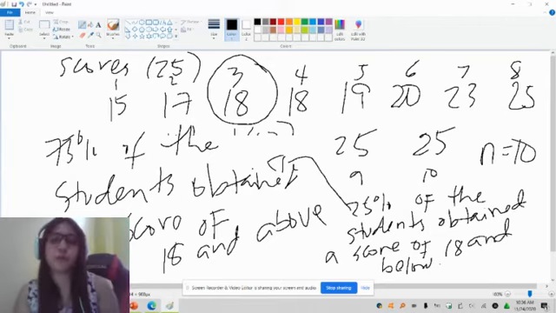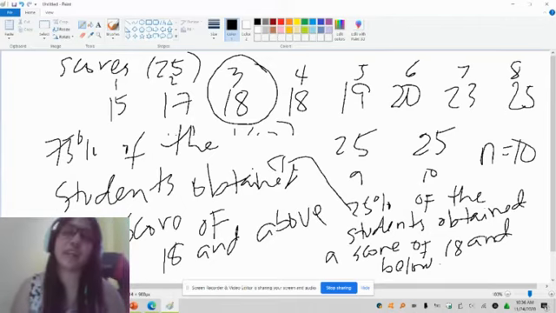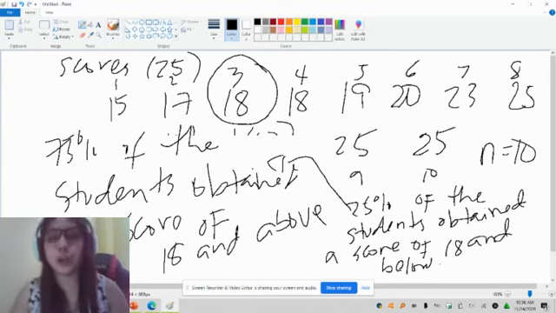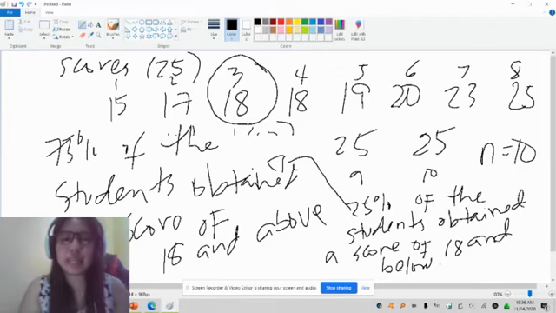Of course, because we have our data, there are times that we are only going to use the 18, or rather above 18, simply because the next number is 19. But because we can see in our data that the fourth score is 18, then we have to include 18 and above.